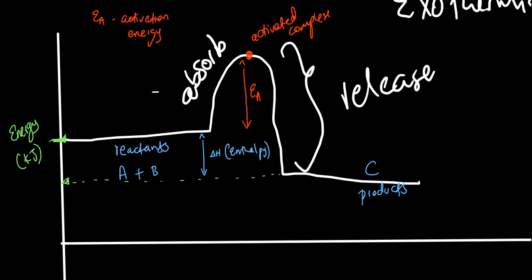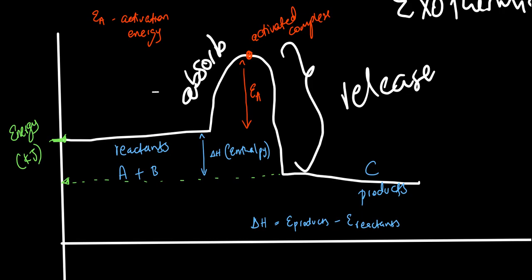Now enthalpy is what? It's also called heat of reaction. It's the energy of the product minus energy of the reactants. Okay, energy of the products minus energy of reactants.